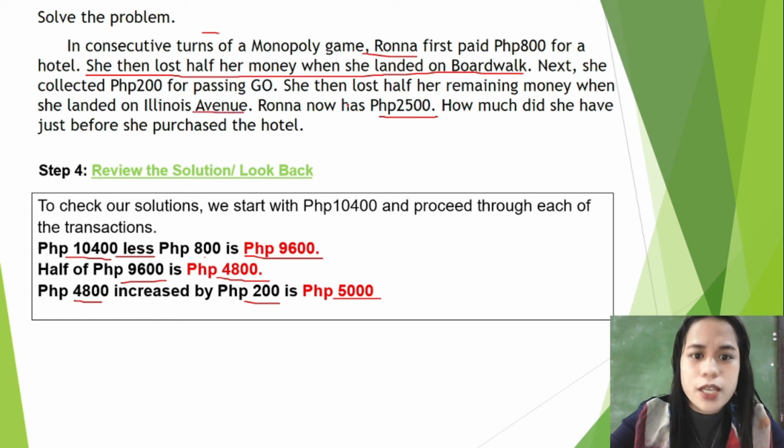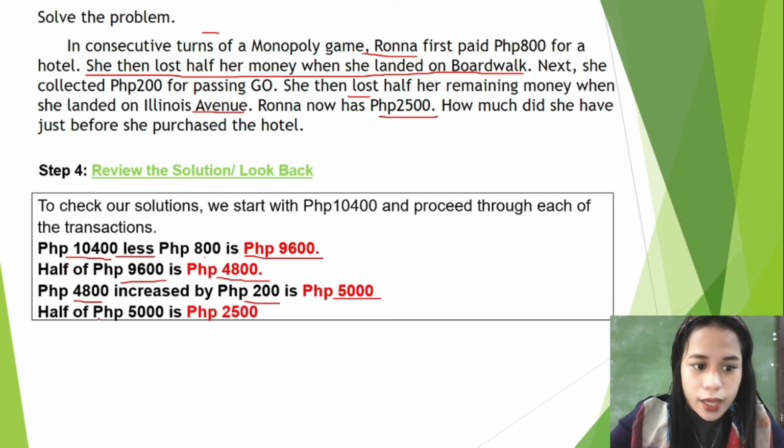So, meaning to say, half of her money she lost before she landed on Illinois Avenue. So, we need to divide it by 2, and the remaining money that Rona has is 2,500, which is our end solution.